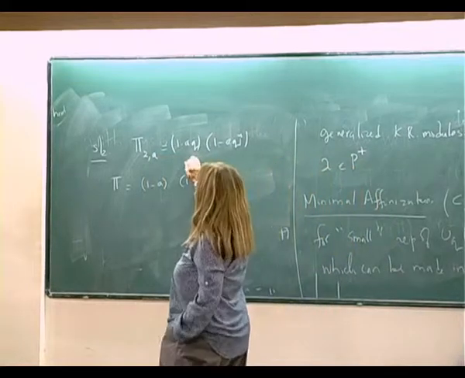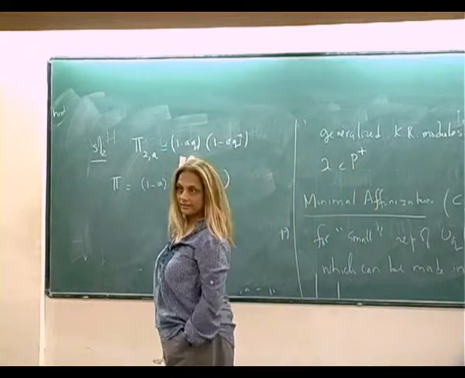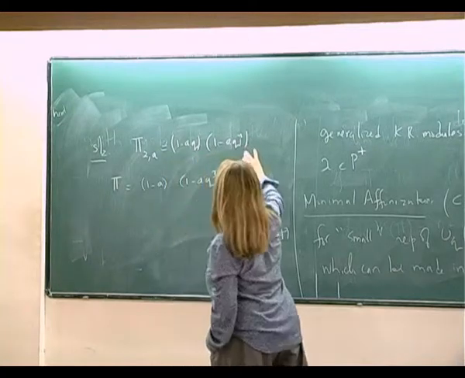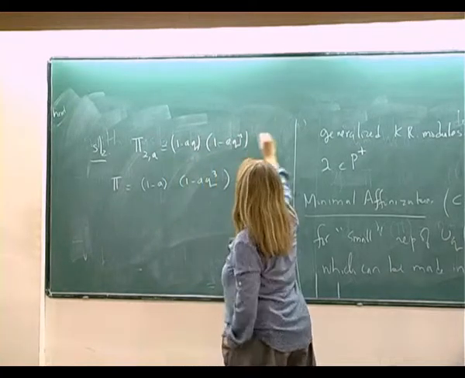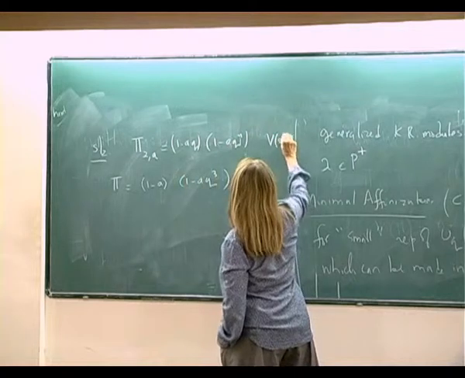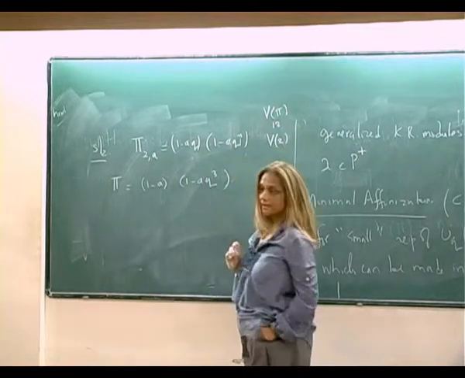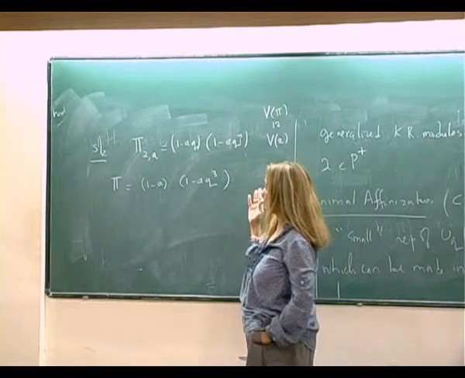What is the irreducible representation associated to this? As an SL2 module, the irreducible representation associated to this is exactly V_2, as SL2 modules. This is what I told you yesterday.